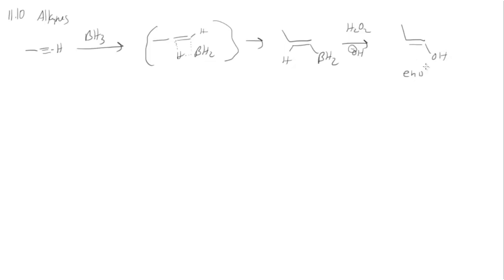However, once again, this is an enol, so it's going to tautomerize. This electron pair comes out and grabs the proton. The electron pair from this bond comes to form a carbonyl, a carbon-oxygen double bond, to make the aldehyde.